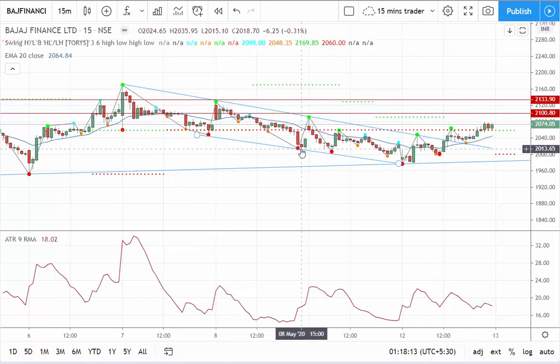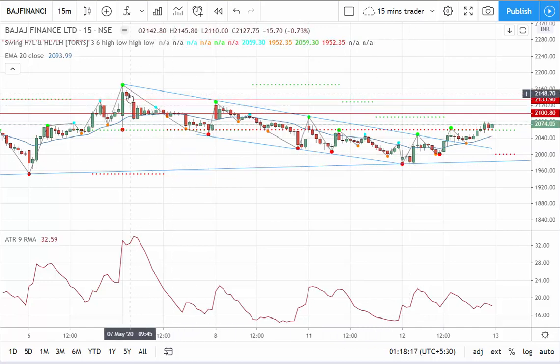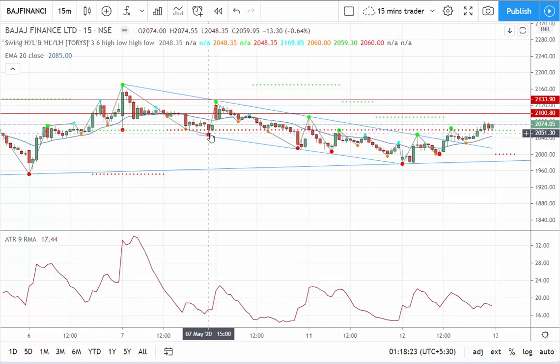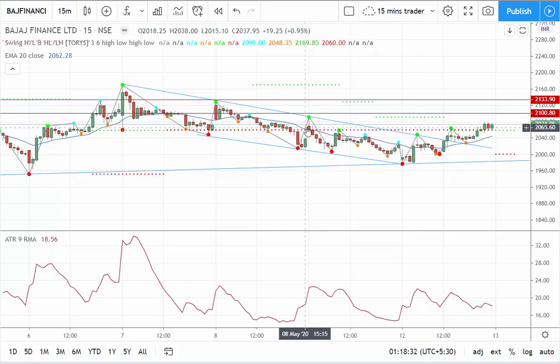Same thing I've done with these red dots. When the stock is in a downtrend, the other tip is that these red dots, which are swing lows, do not have any significance while entering the stock.